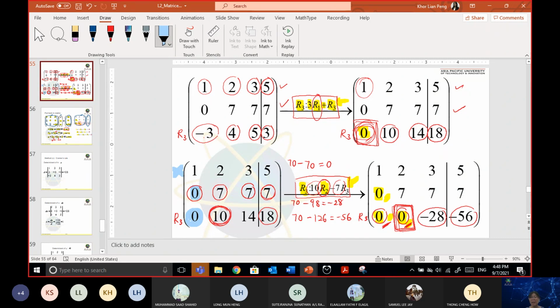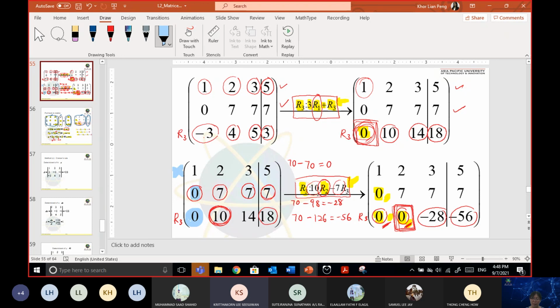When we come to the tutorial discussion and solve other questions, you can see my row operations and yours will be different. But in the end, as long as these three are 0, then it's fine. So we need to come up with the formula ourselves, like 10R minus 7.